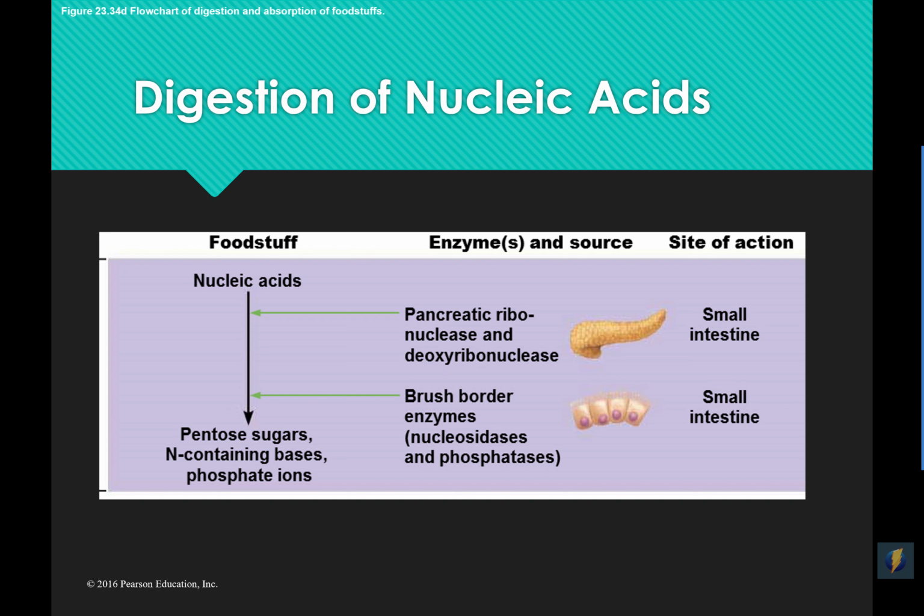And then nucleic acid digestion is pretty much entirely confined to the small intestine. We're going to use pancreatic enzymes to break the nucleic acids into their single nucleotides, and then the brush border enzymes to break the nucleotides into the actual pieces of the nucleotide. So the base, the phosphate, and the sugar.